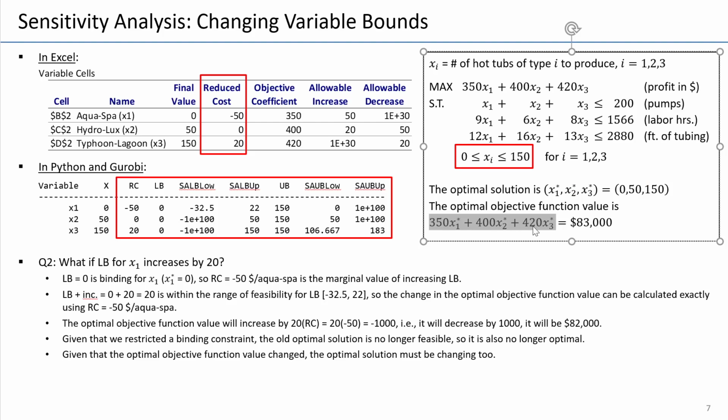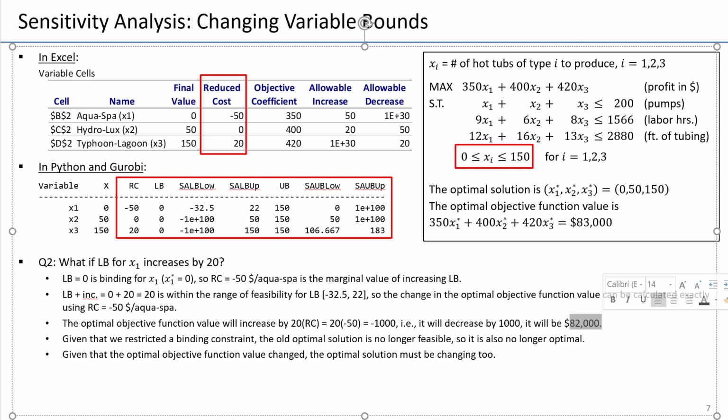So if we plug in the same optimal solution, we will get 83,000, but we just said we should get 82,000. So it must be achieved by some changes in at least one decision variable. At least one decision variable will change its value. Therefore, we know the optimal solution must be changing too.